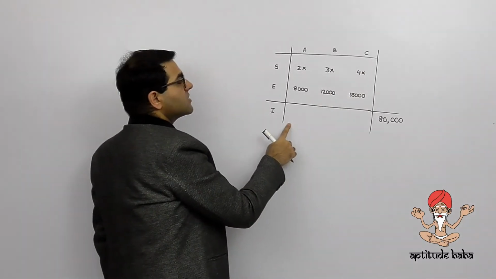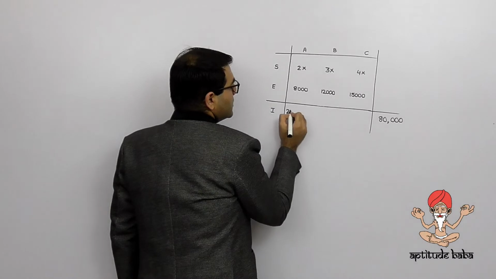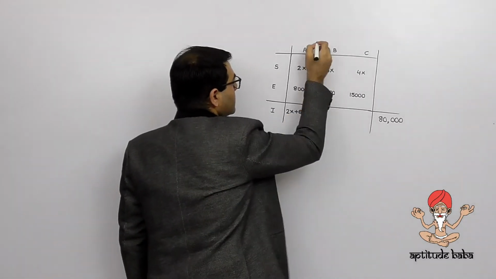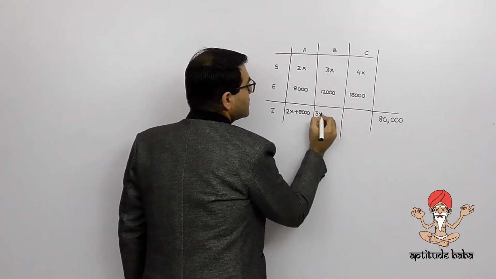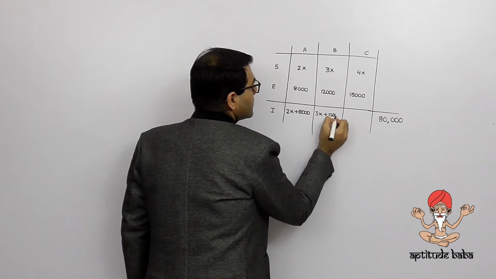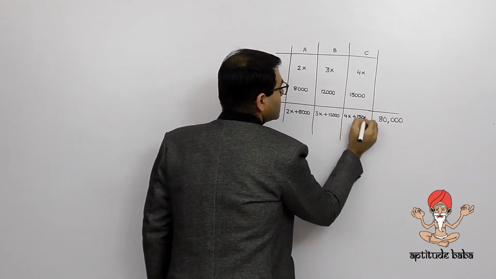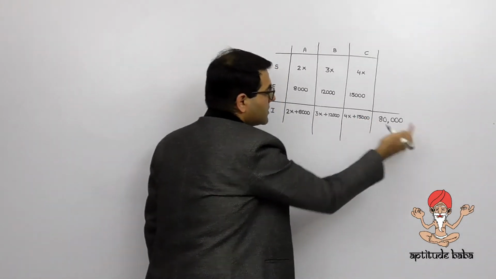नाउ एज फार एज द इनकम इज कंसर्न्ड, इनकम इज सेविंग्स प्लस एक्सपेंसेस. सो कैन आई से A's इनकम is 2x plus 8,000. B's income, इसको सेपरेट आउट कर लेते हैं. B's income is 3x plus 12,000 and C's income is 4x plus 15,000. The next thing that we follow here is but obvious, ये तीनों incomes का sum 80,000 है.